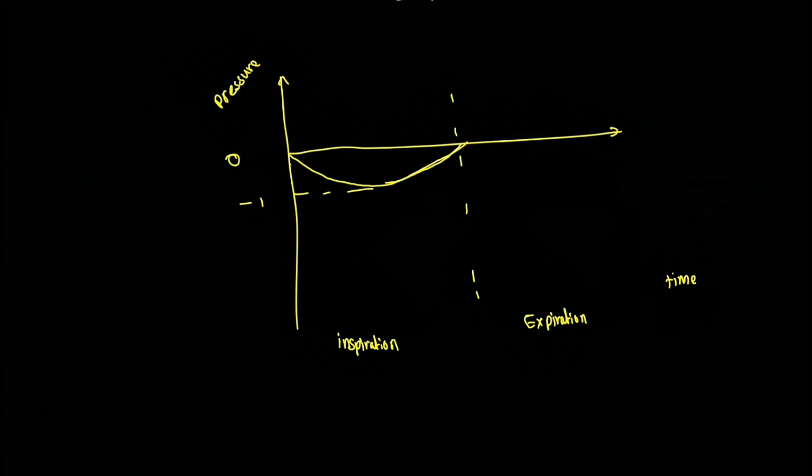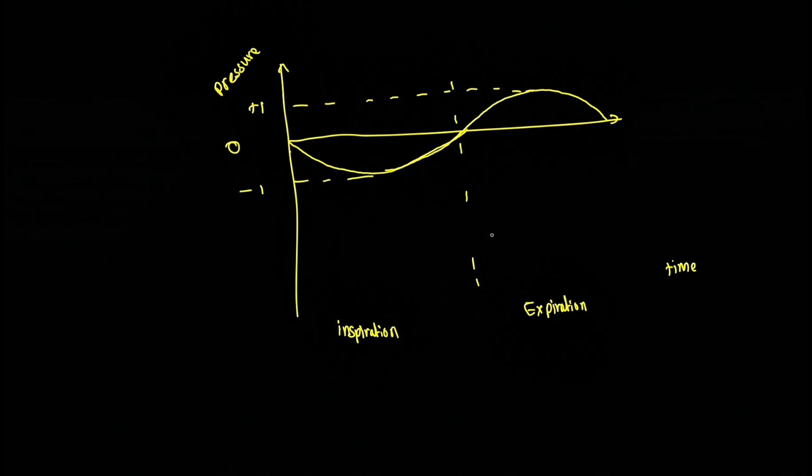I'll talk about it in a bit. So the pressure inside of the alveoli tends to become positive, and then again 0, because the lungs are fully collapsed and the air inside of the alveoli gets out of the alveoli.